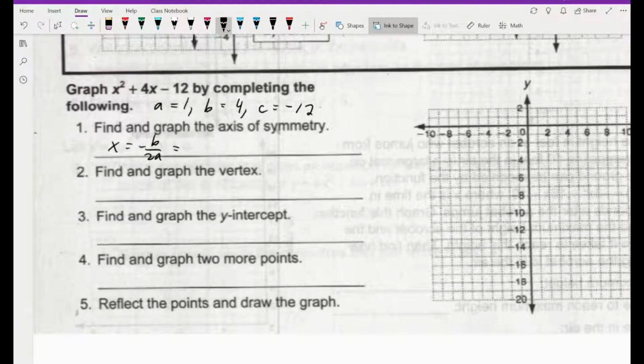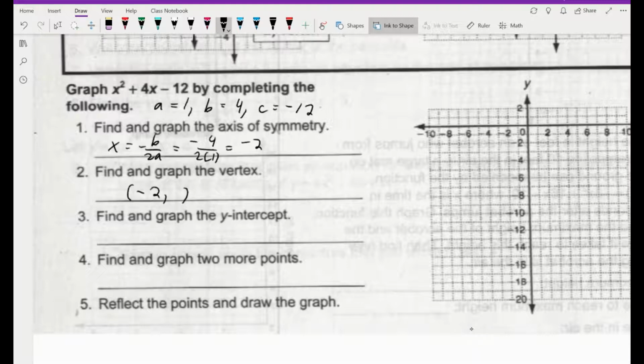Now, there's another video that goes over this in more detail, but since this is the second video of the same lesson, we're just going a little bit faster. So x equals negative b over 2a. So it's negative 4 over 2 times 1, which is negative 2. Then now we will plug in negative 2 and find the y-coordinate.